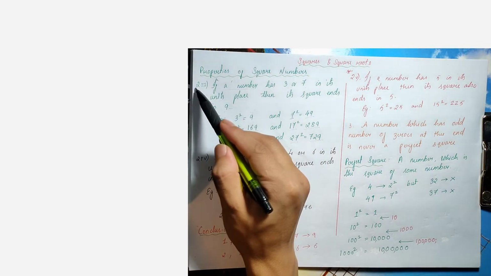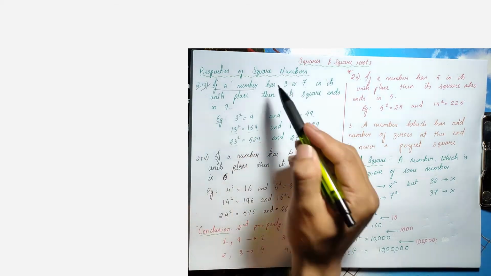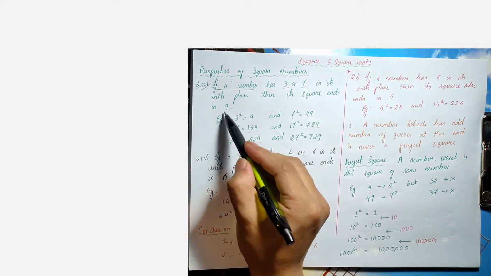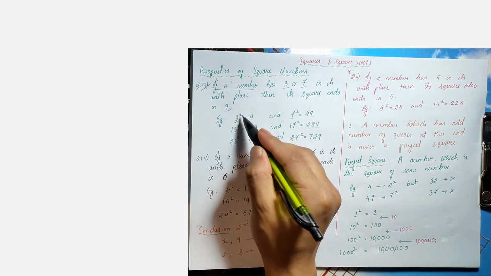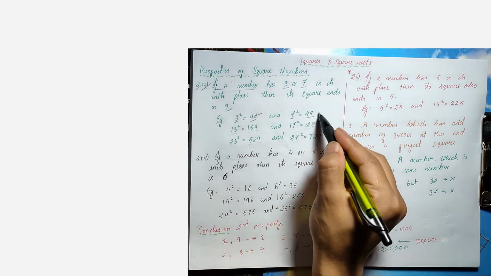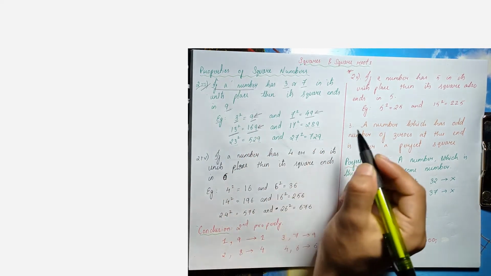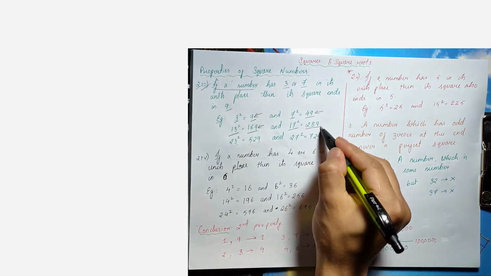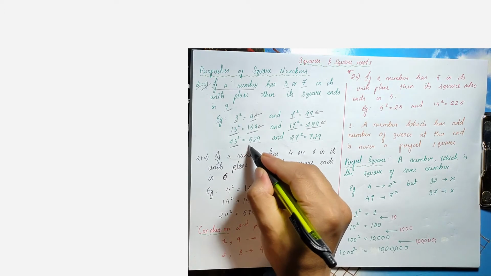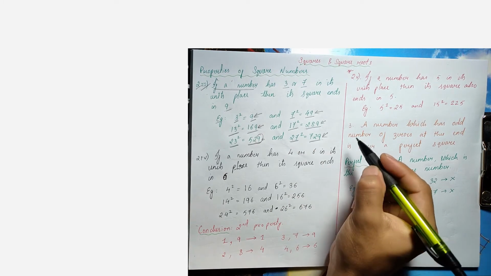Let us now discuss the third property of property number 2. Now if a number has 3 or 7 in its unit place, then its square ends in 9. For example, 3 square is 9, so it ends with 9. 7 square is 49, again it is ending with 9. 13 square is 169, end digit 9. 17 square is 289, end digit is 9 again. 23 square is 529, again the end digit is 9. 27 square is 729, again the end digit is 9.